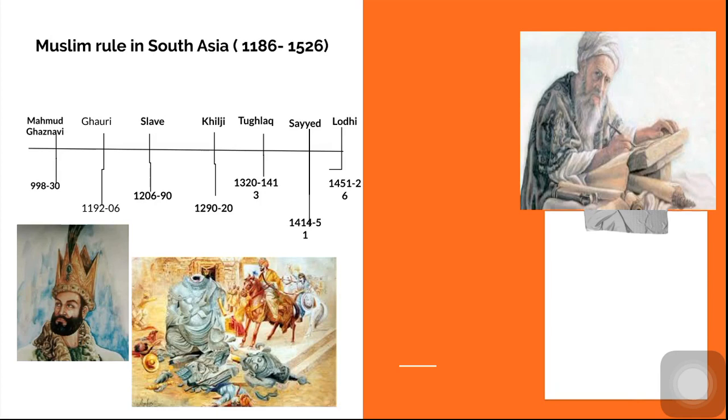A person, Abu Rehan al-Biruni, had come with Mahmud of Ghazni to India, and he stayed on and learned the Sanskrit language and Hindu religion and philosophy.